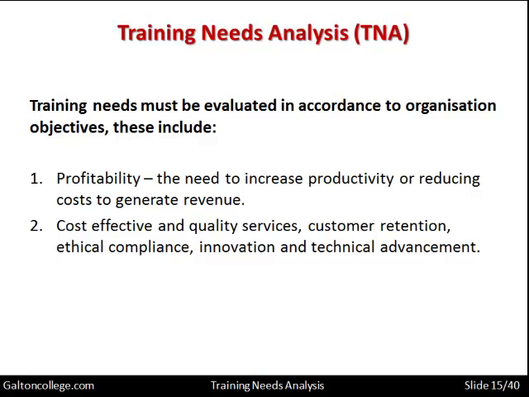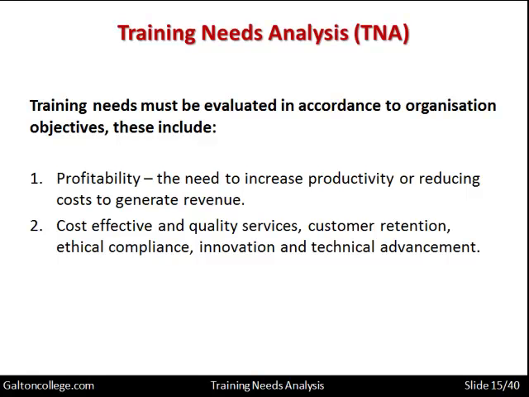So the requirements could be to ensure good quality, to ensure effectiveness in production so that costs are kept to a minimum. It could be looking at customer retention, and it could be looking at the customer experience. So customer relations management is important.